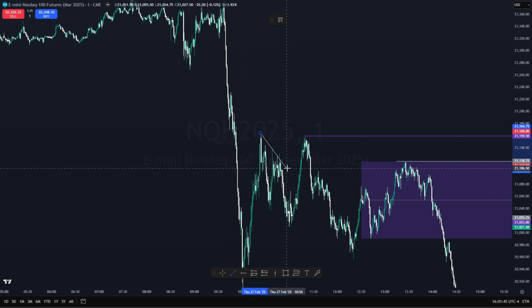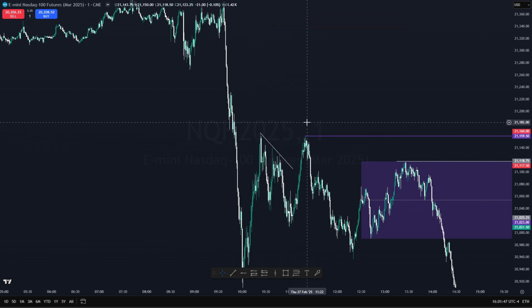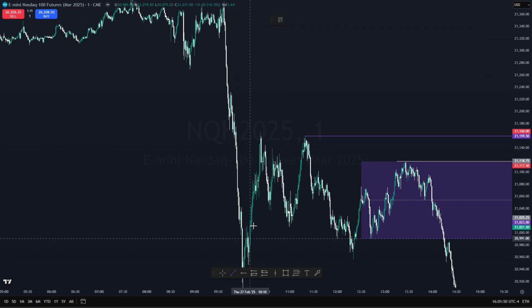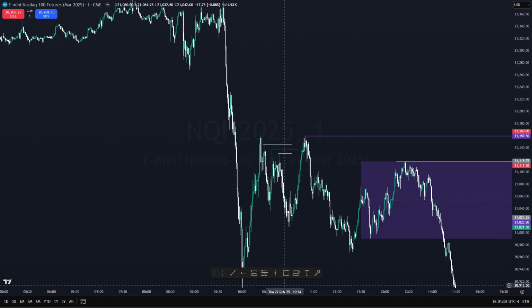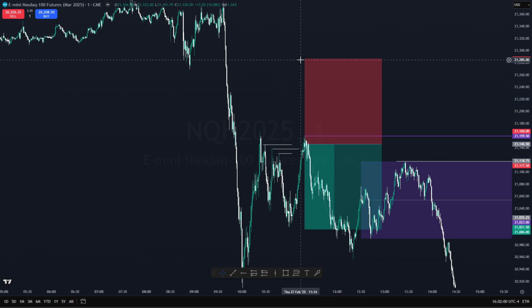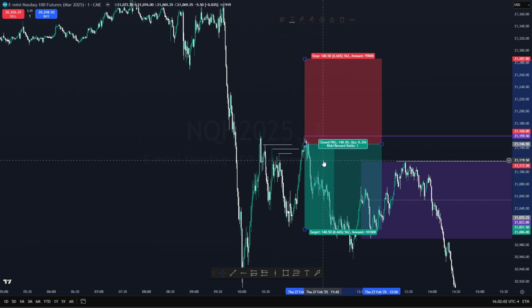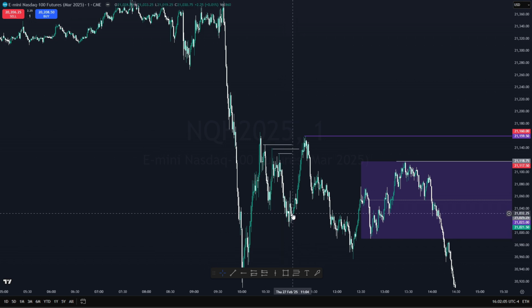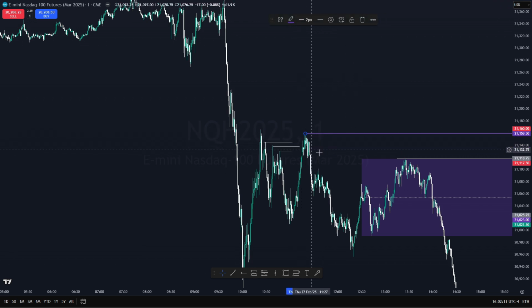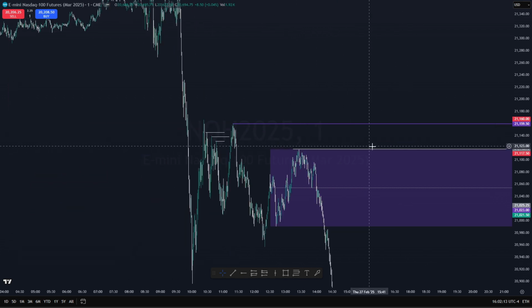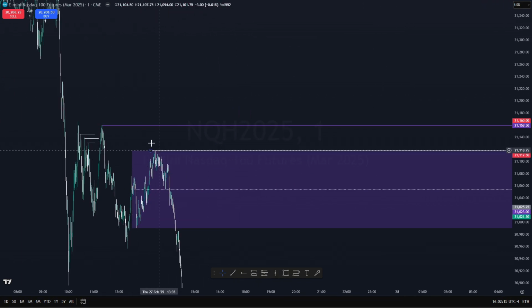Why? Well, this entire move here up was just to take out liquidity. So the banks just use this move to buy their short positions, right? So then they have orders left here, and because of that, it's illogical for us to take out that high, because they just want them.